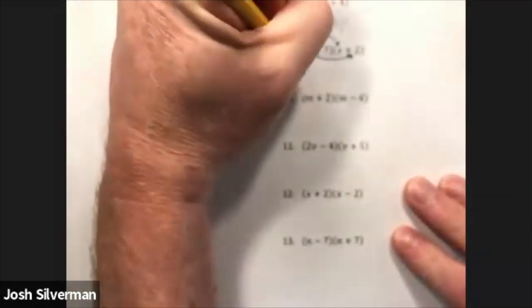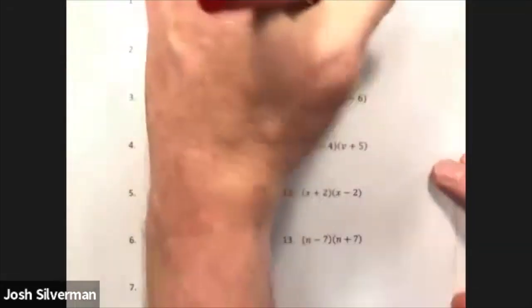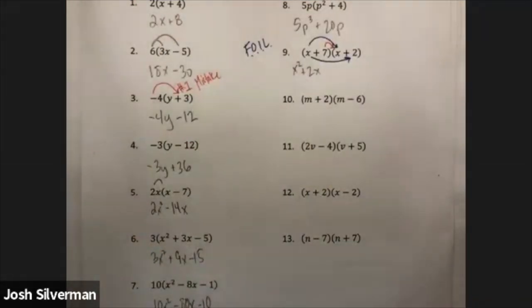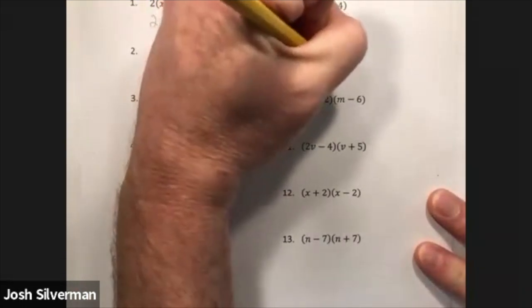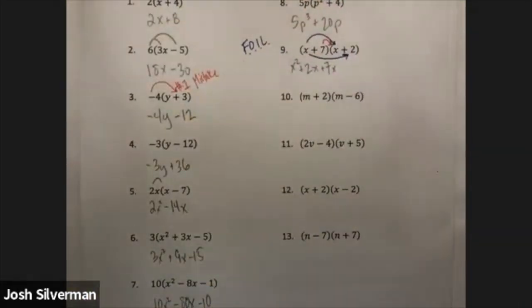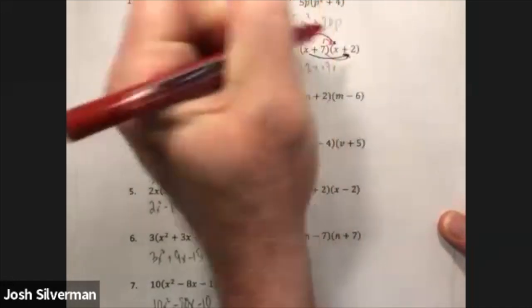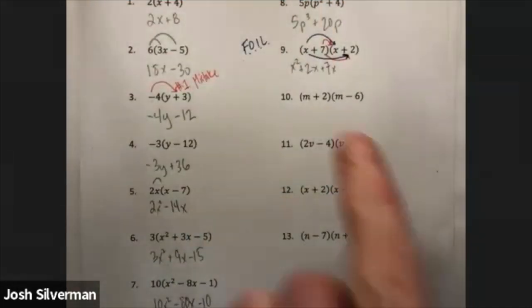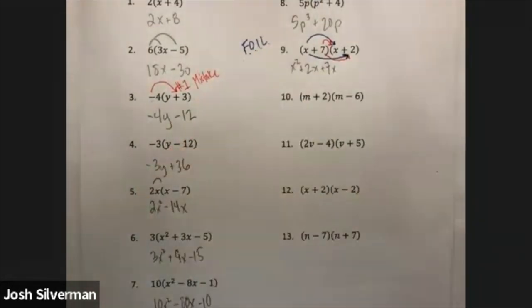And we multiply the 2 outside pieces together. Inside. And we multiply the 2 inside pieces together. Last. And we multiply the 2 last pieces together. That's what FOIL stands for. First, outside, inside, last. It is an acronym.